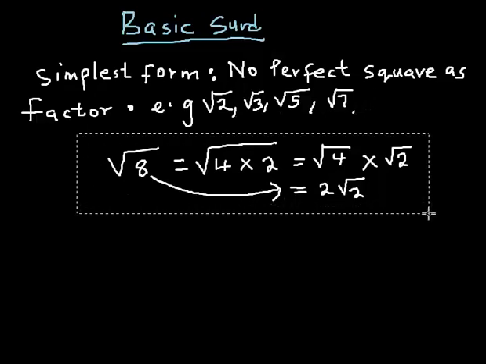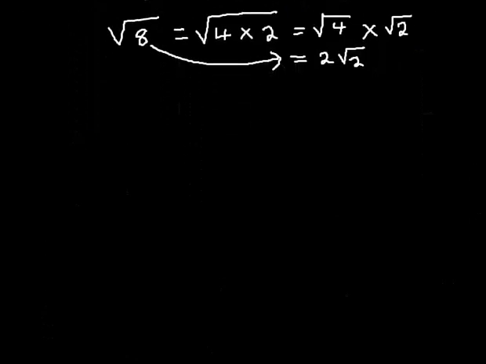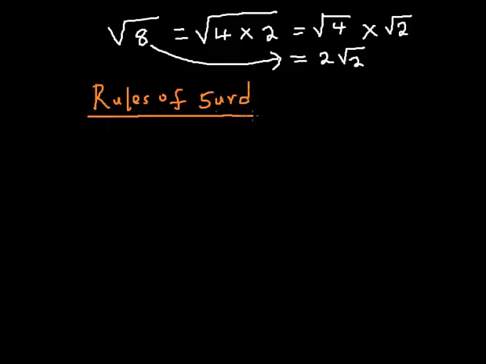Now before we simplify a surd, we should look at the rules of surds, because every mathematical operation requires you to obey a particular rule for you to be able to successfully evaluate that mathematical operation.